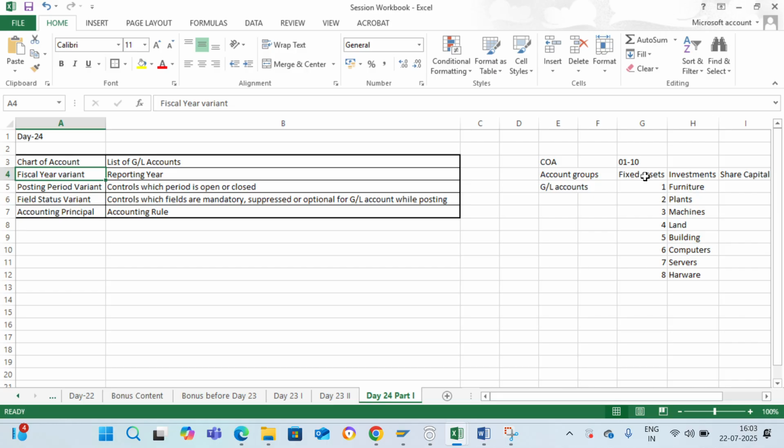The next is the field status variant, which we have not discussed until now. So the field status variant controls what are the fields that are mandatory or optional or suppressed when making a posting to a particular GL account. So the field status variant hierarchy is FSV.